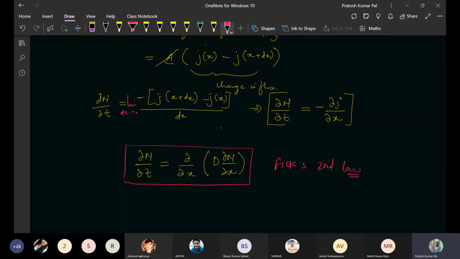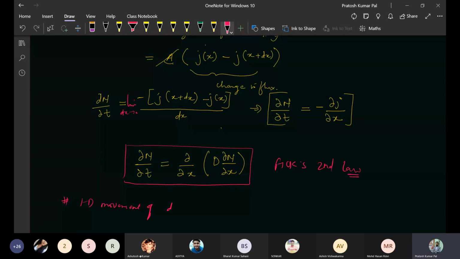What this indicates is that these two laws govern the one-dimensional movement of dopants into the crystal. We will see the advantage of these two laws.